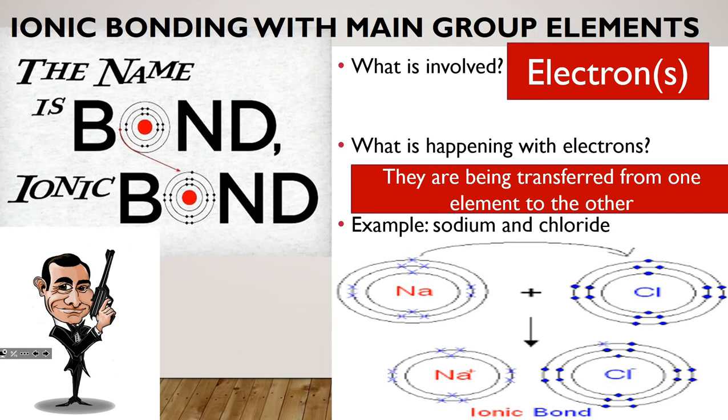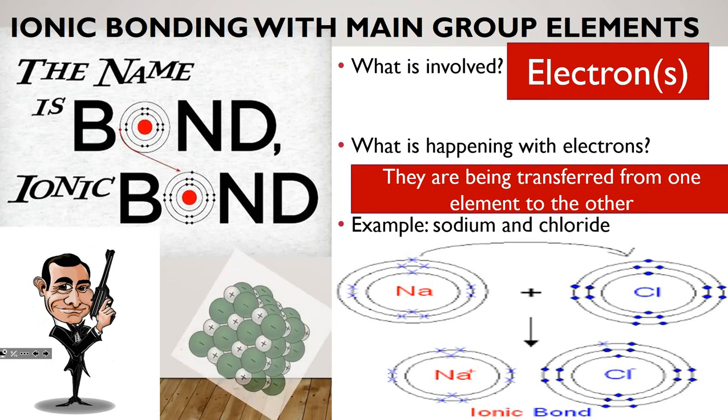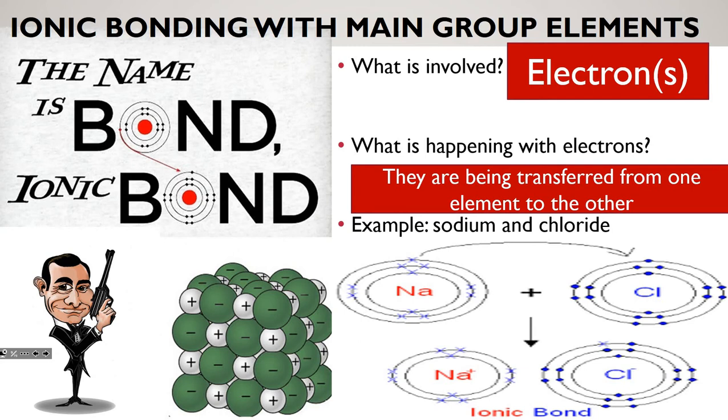So in doing that, sodium becomes positive because it made it to the noble gas. Chlorine becomes negative because it gained one more, right? So when we have ionic bonds, they actually line up positive, negative, positive, negative. And if you hit an ionic substance with a hammer, it shatters. Why would it shatter? Anybody have any ideas?